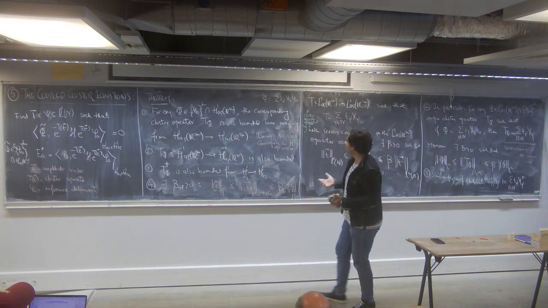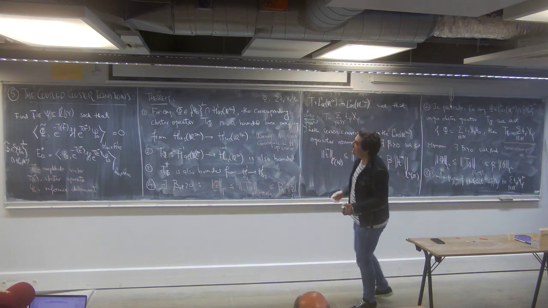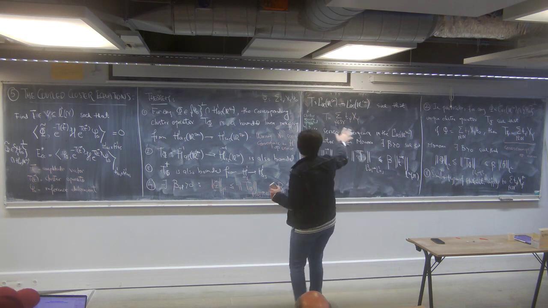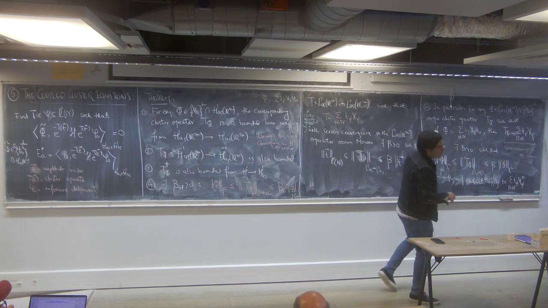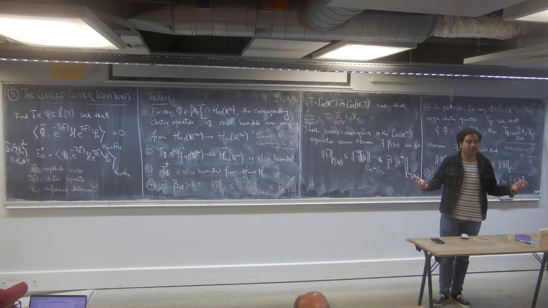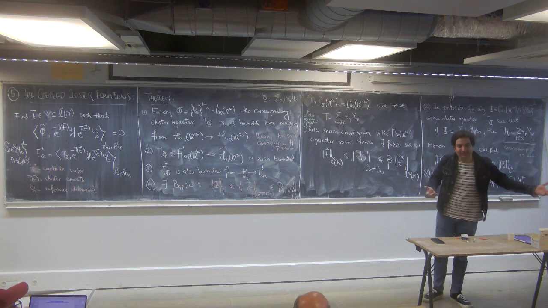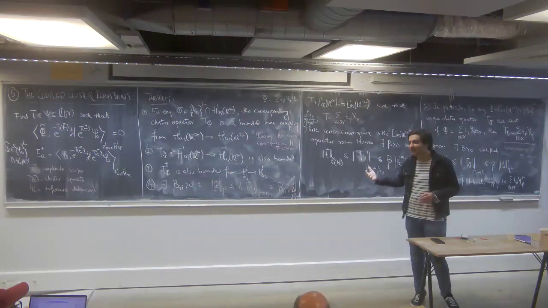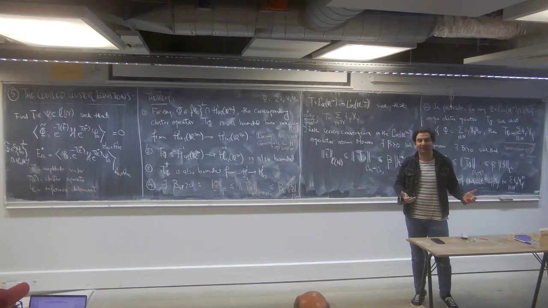Before going on, just a small comment. If you look at the first proposition that I wrote down, you'll notice that in the way I define cluster operators, I have two options. Either for any vector, I can define a corresponding cluster operator, or for any wave function, I can define a corresponding cluster operator.